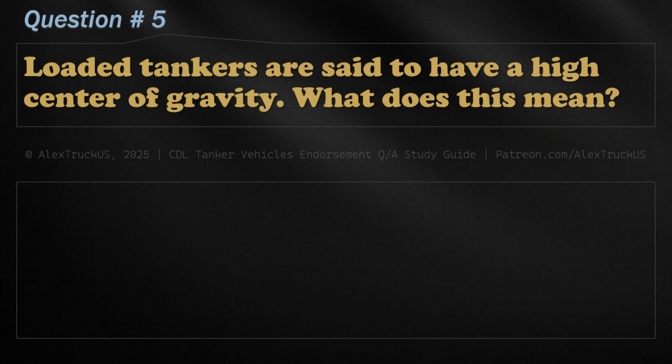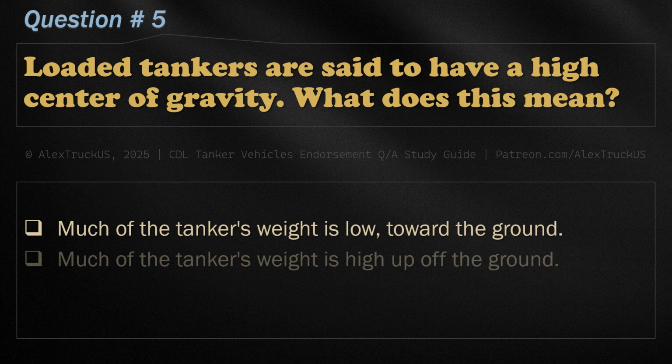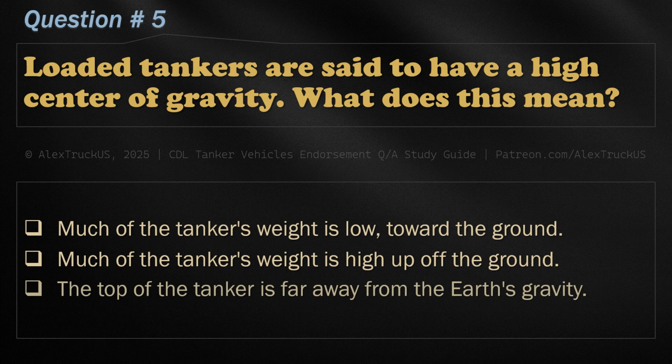Question 5. Loaded tankers are said to have a high center of gravity. What does this mean? Much of the tanker's weight is low, toward the ground. Much of the tanker's weight is high up off the ground. The top of the tanker is far away from the Earth's gravity.